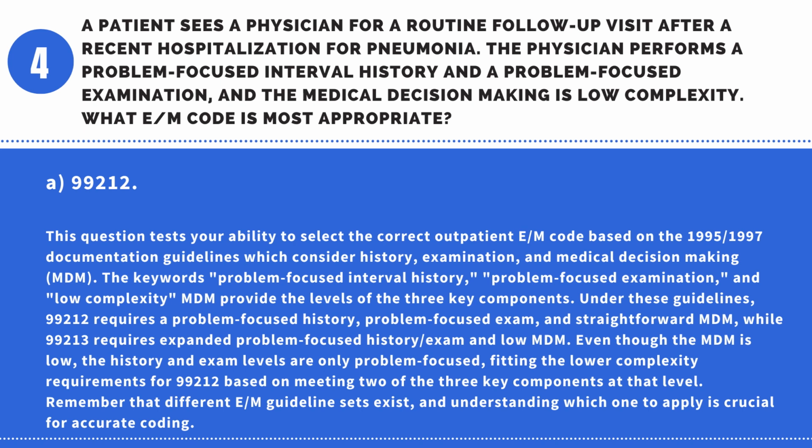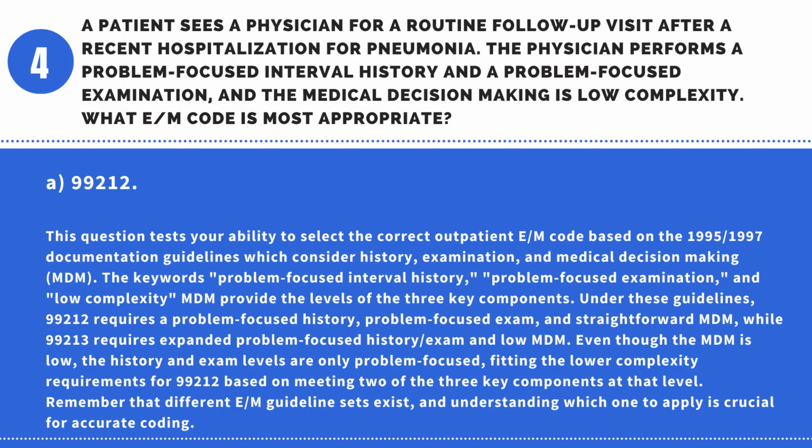To reach 99213, you need expanded problem-focused history and expanded problem-focused exam and low-complexity MDM, or 2 of these 3. With problem-focused history and exam, even with low MDM, you haven't met the criteria for 99213 based on history/exam levels.